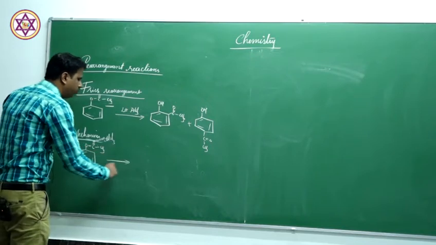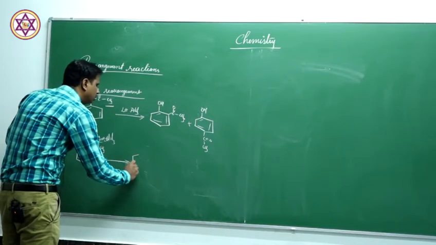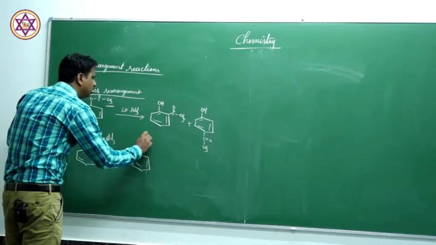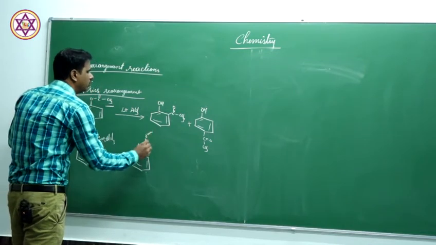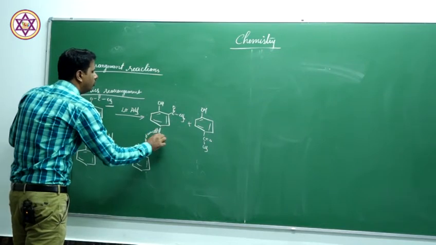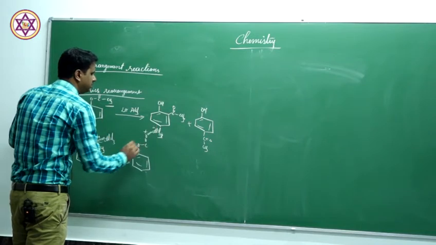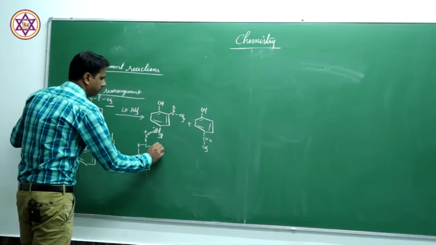When it polarizes, the molecule becomes like this, with AlCl3 minus here and oxygen plus here, and we have CH3 here.